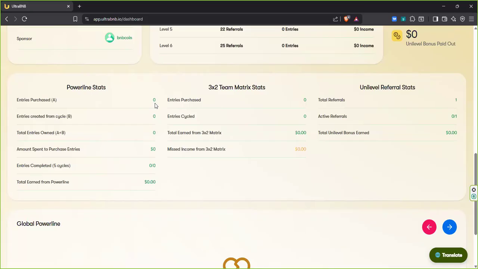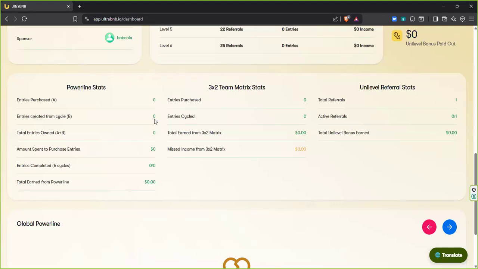Now, once this entry you purchase out of your pocket money completes a cycle, so assuming it completes its first cycle, where it creates a new entry for you, it would then be recorded here as entries created from cycle B. So it will be recorded here as 1.